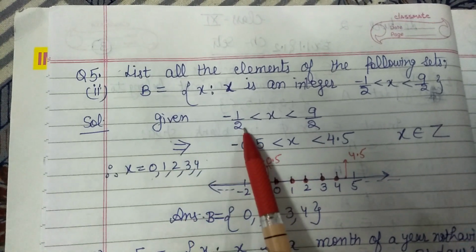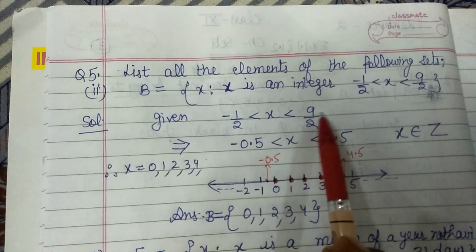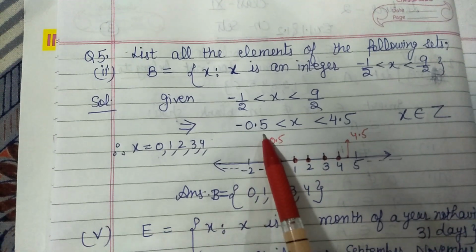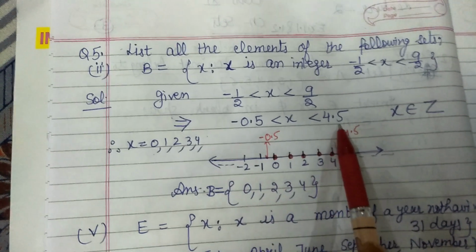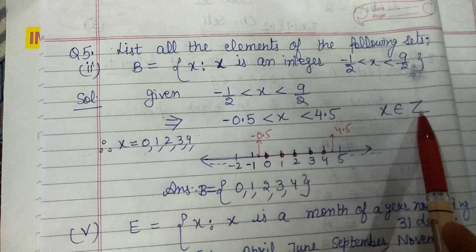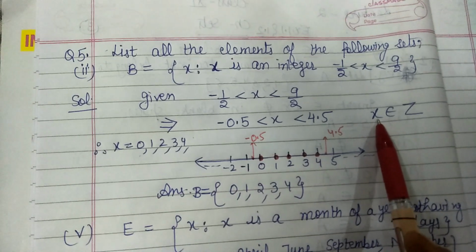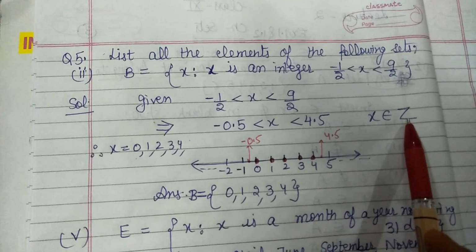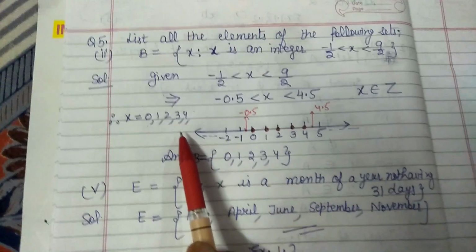Solution. Given -12 is less than x less than 9/2. We solve this. We will get -0.5 less than x less than 4.5, and x belongs to integers, or you can say x is a member of integers. Here Z is the set of all the integers.